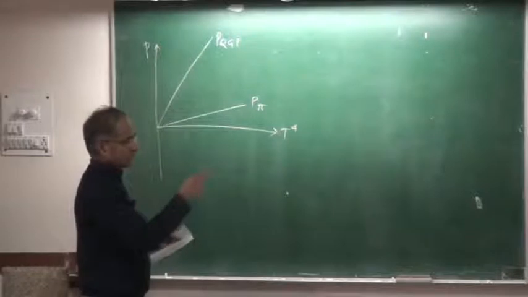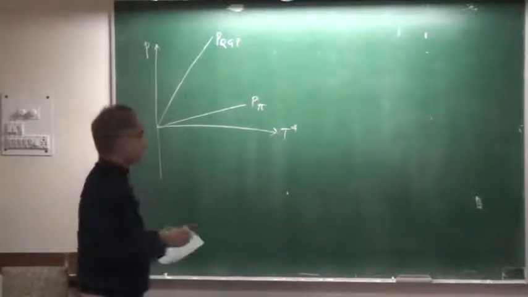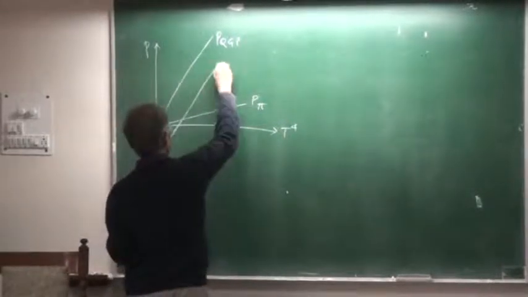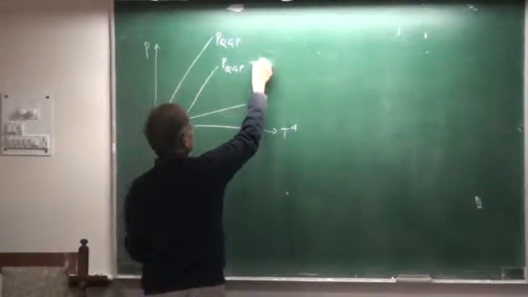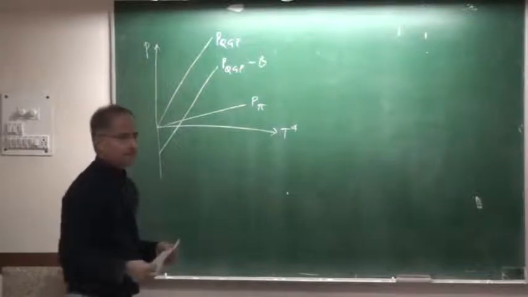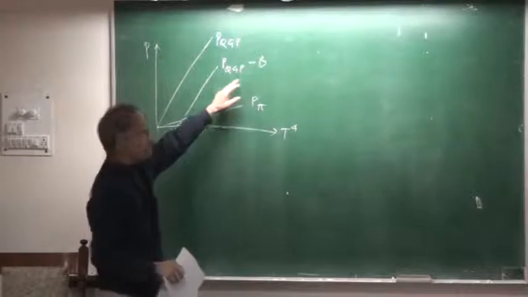Now, B is the pressure, so that has to be subtracted. This is coming with the vacuum pressure.